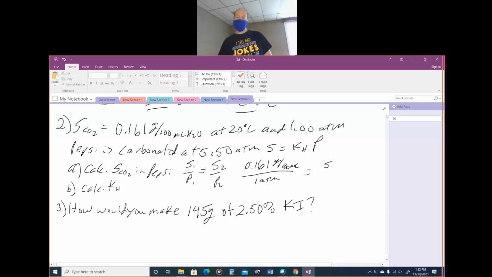We know solubility 2 is our question. We know that pressure 2 is 5.50 atmospheres. And so you simply multiply both sides by 5.50, and you have your answer. You increase the pressure, you increase the solubility of a gas in a liquid.